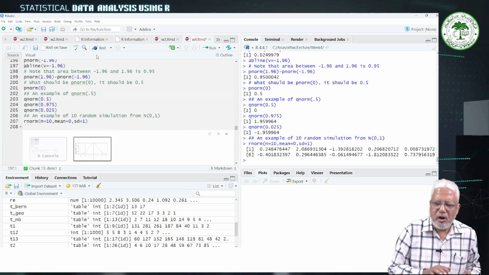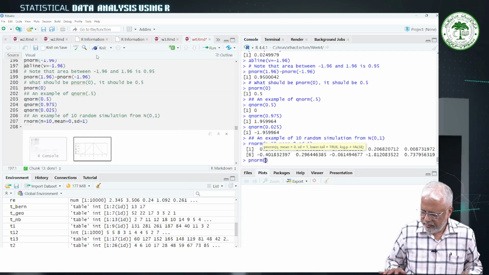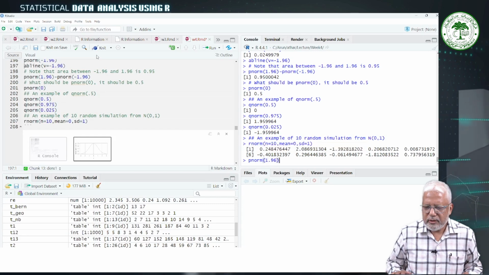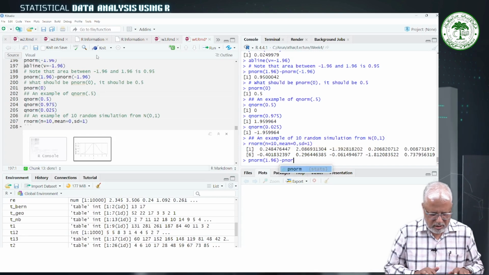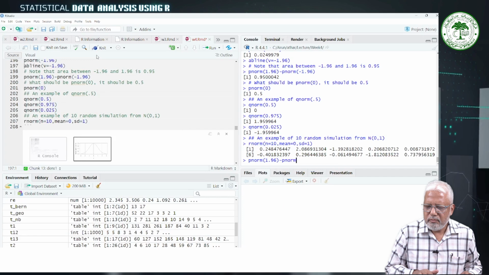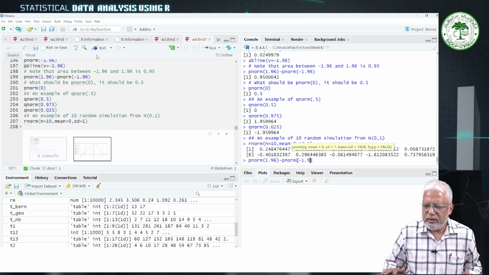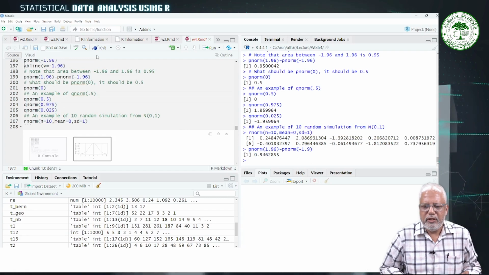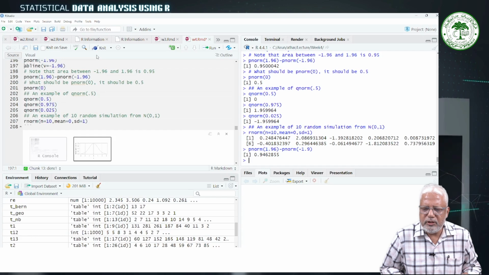See, pnorm 1.96 minus pnorm minus 1.96. So what should we get? We should get 0.95. So it is 0.95, the area under this. Similarly, we can compute any probability.